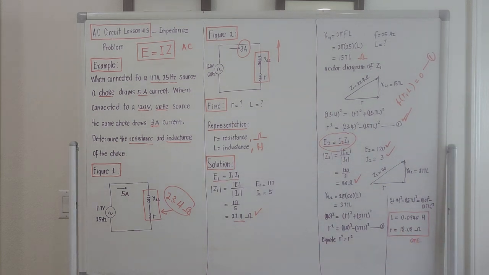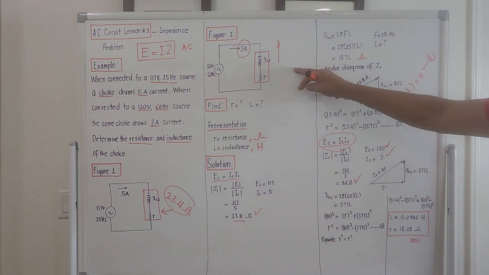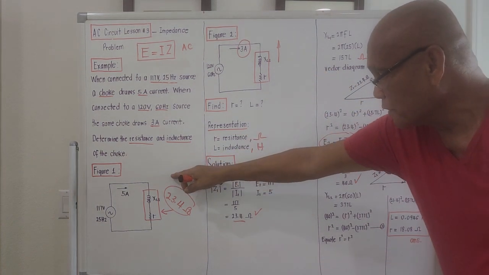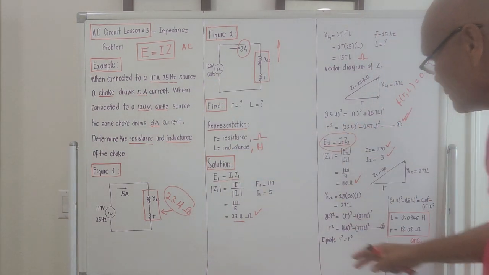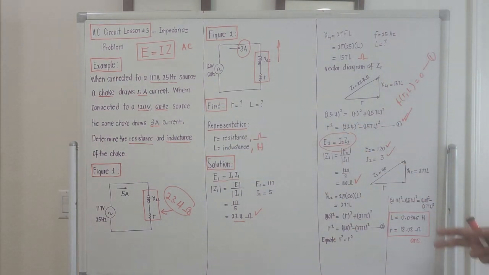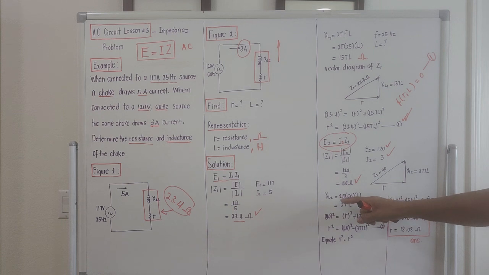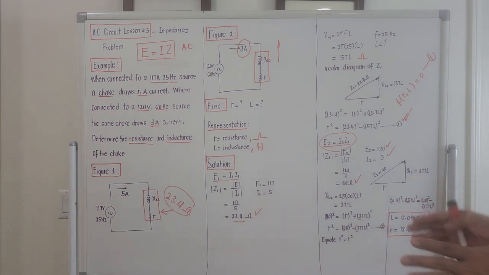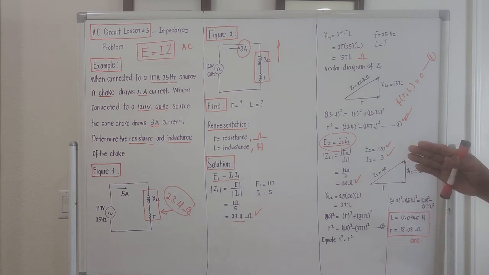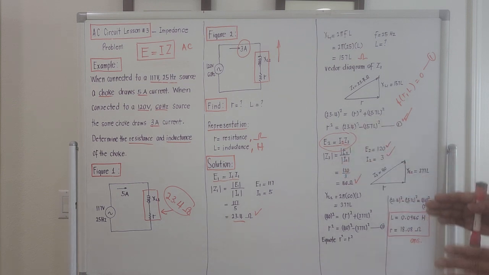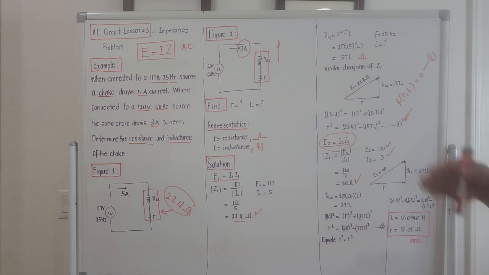And actually we could compute XL2, because for figure number 2, instead of 25 Hz, the frequency is 60 Hz. It should be 2 pi times the frequency 60, times the inductance. The inductance is not changing. The only one changing is the value of XL, because XL depends on the frequency.